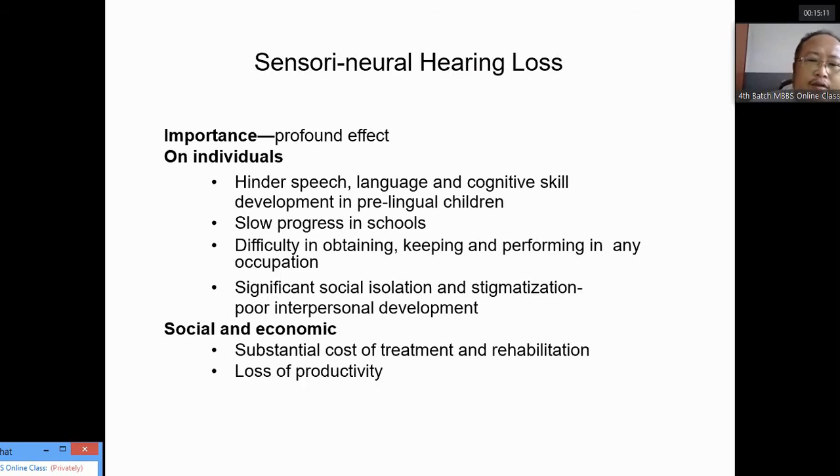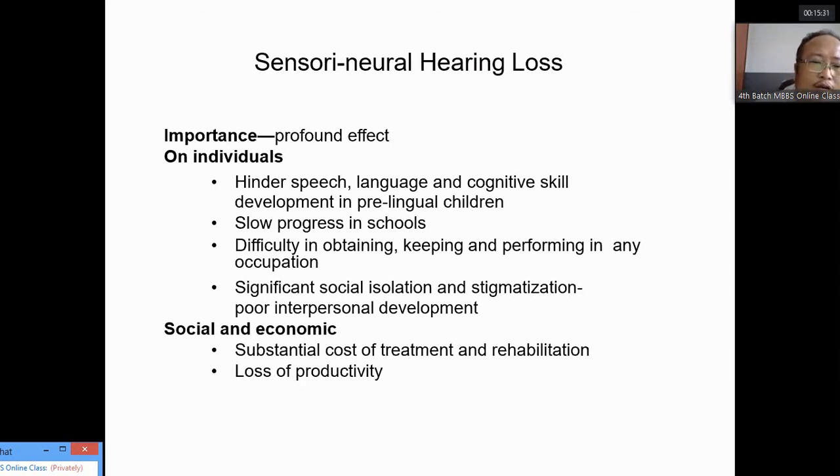And even when they go to school, the progress will be poor. They fail, they will be harassed, they have a negative psychological effect, and they avoid the classroom.